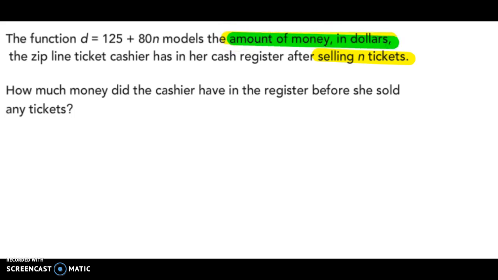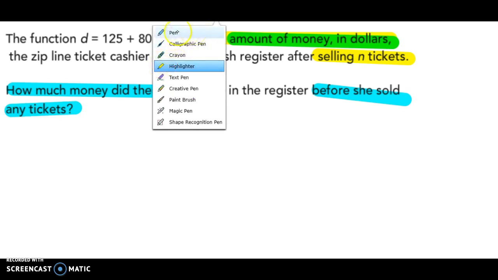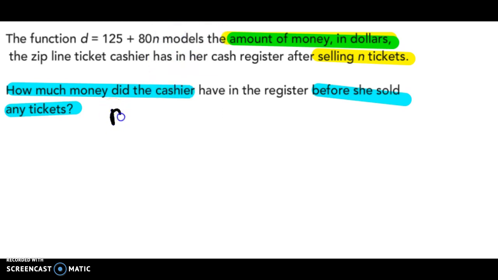So they want us to find out how much money the cashier had before she sold any of those tickets. So in our case, we're going to be letting n equal 0, because we want to know how much money she had before she even sold one ticket.